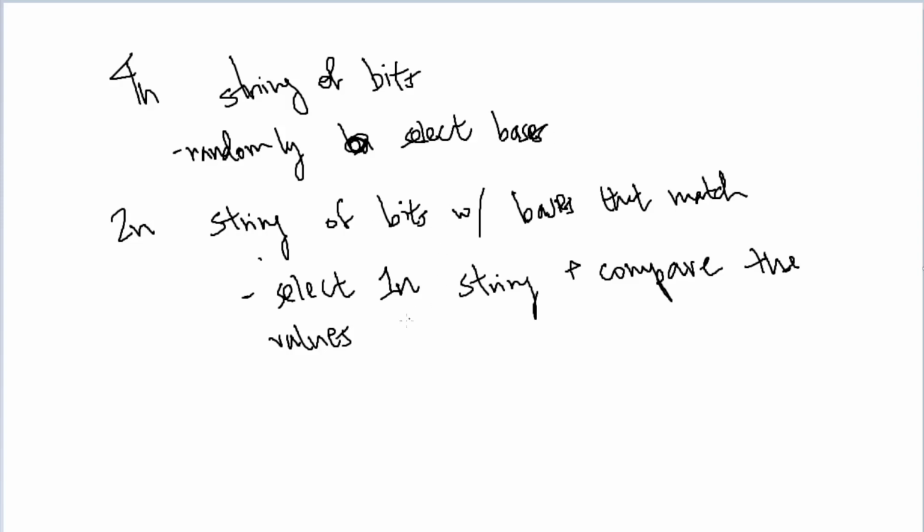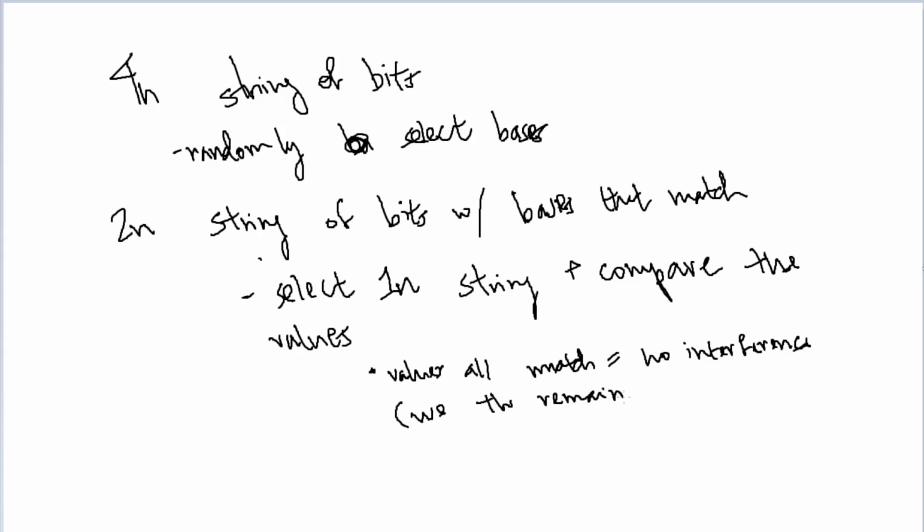In the case that these values all match, you have no interference, and thus use the remaining 1n string that has not been exposed and has not been compared. We just know that there has been no interference. No one has listened in on this string.